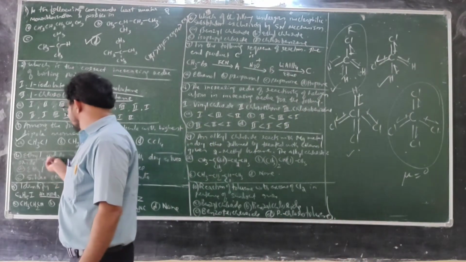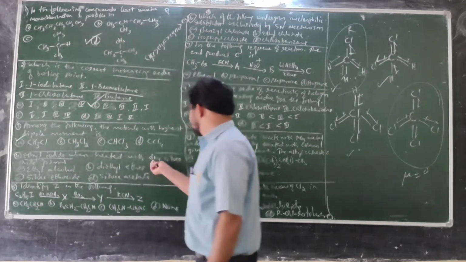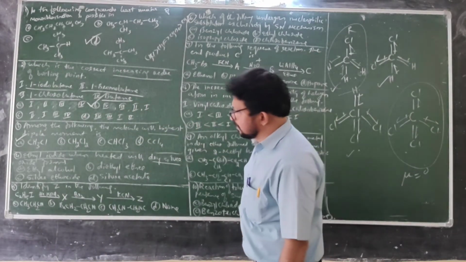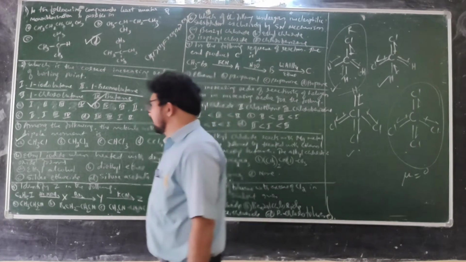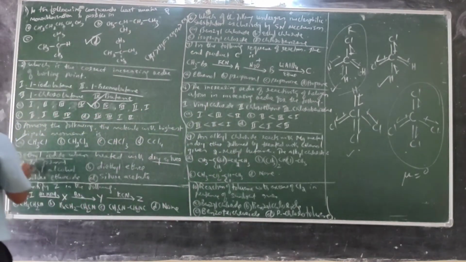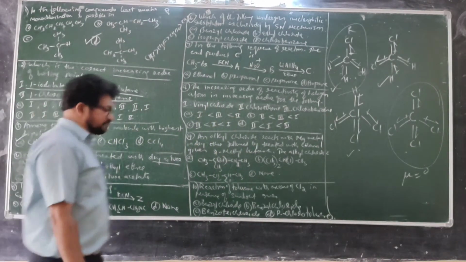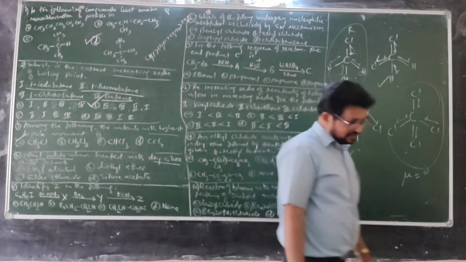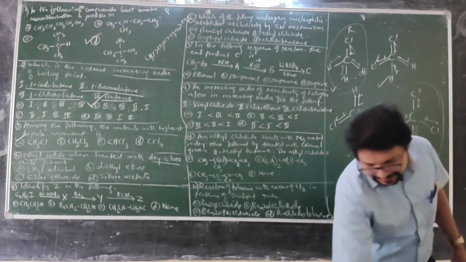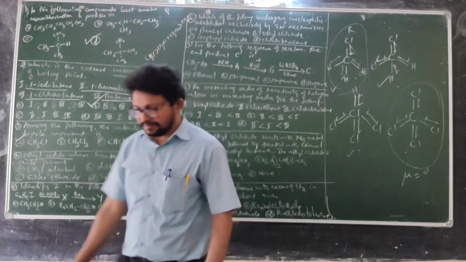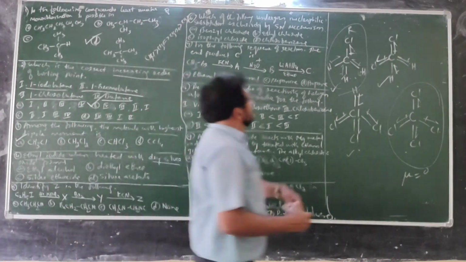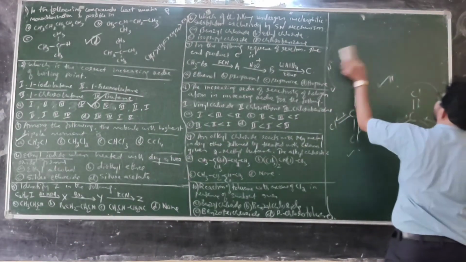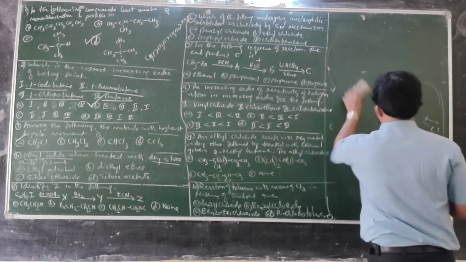Ethyl iodide, when heated with dry silver oxide, forms. So this question is one of the very important questions because moist silver oxide you are understanding, but dry silver oxide.